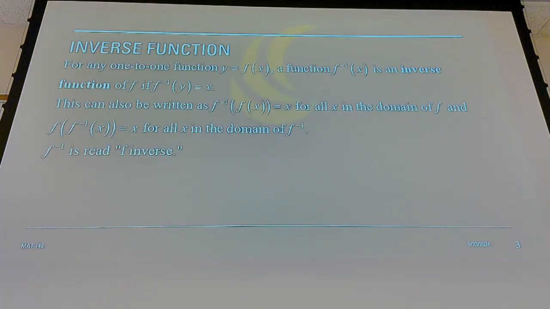And that is read as f inverse. That is f inverse, not f to the minus 1 power, which would be 1 over f of x.